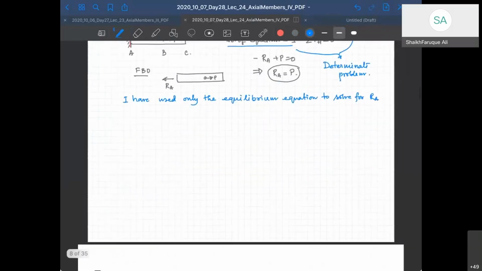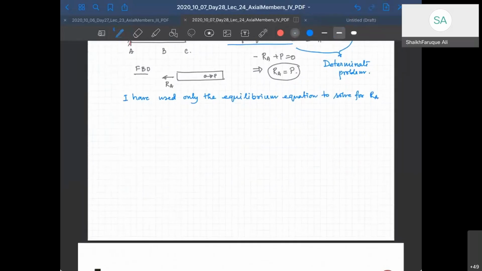Now I just extend this problem to a little bit more complicated condition. Let's say I have again the same boundary condition and the same rod here, but now I have another boundary condition, that this point is also fixed, and there is a P force here. Now in this case, what are your unknowns? The number of unknown forces is equal to 2.